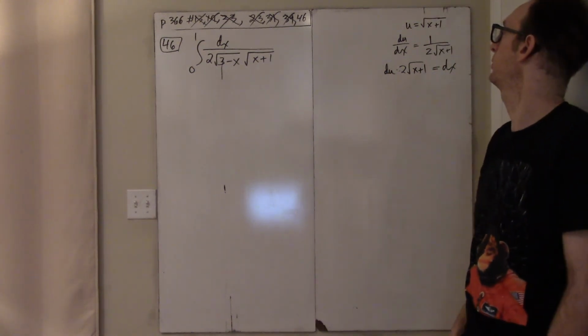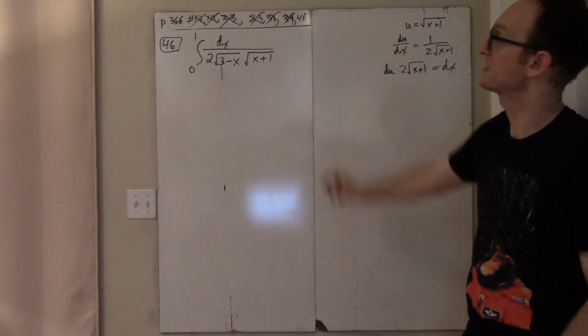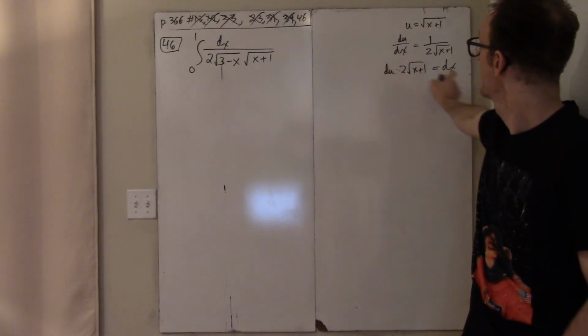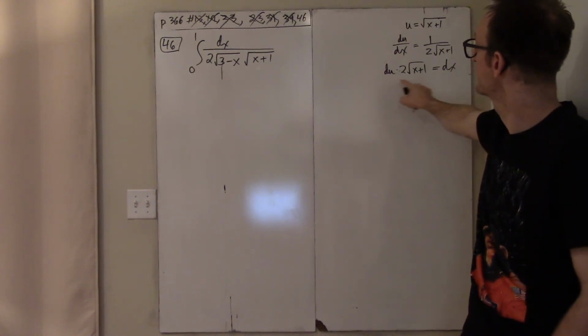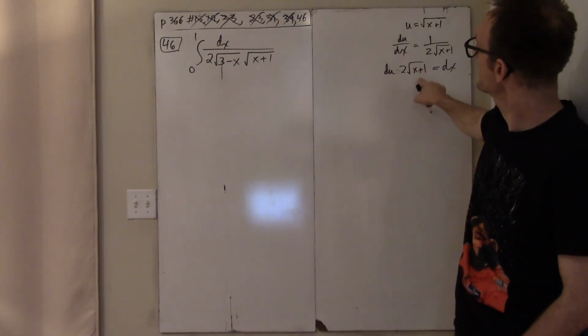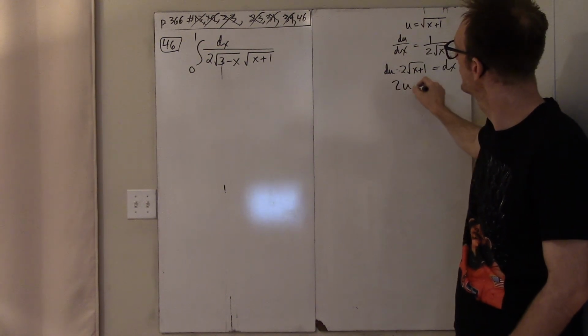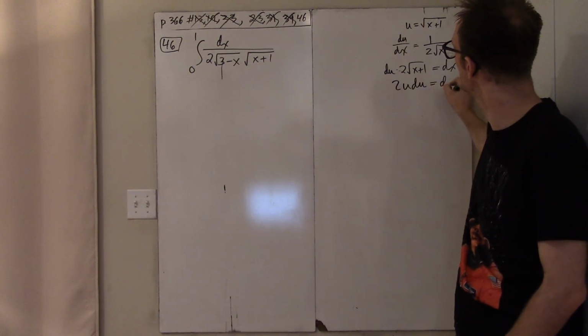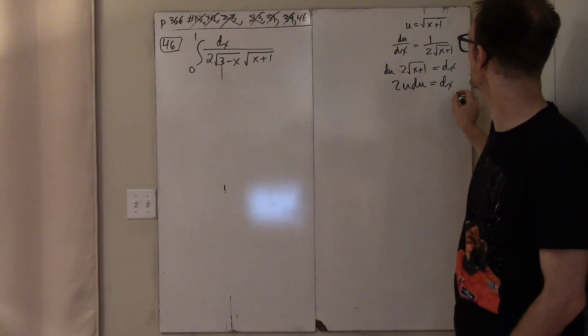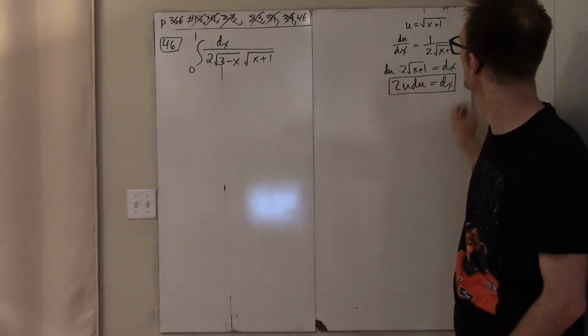But if my goal is to rewrite this entire thing in terms of u's, then I want to replace that dx with du's only. Well, root x plus 1 just is u. So what I really get here is 2u du is dx. Okay, I'll put a little box around that because that's helpful.